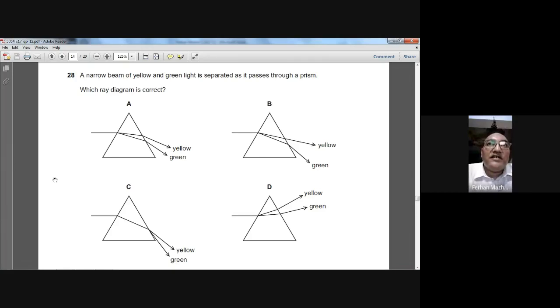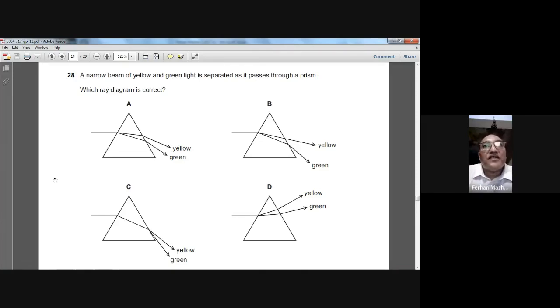The yellow light's line has gone straight inside the prism, and when it came out, it has not deviated. So B is rejected.